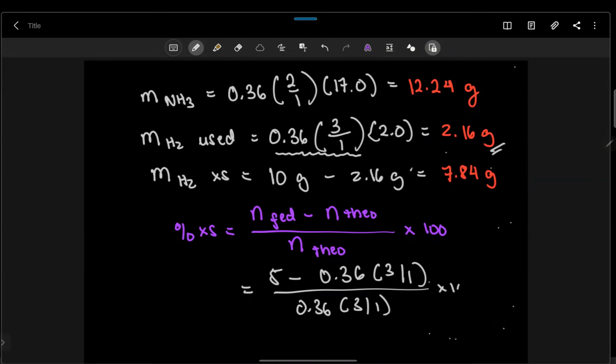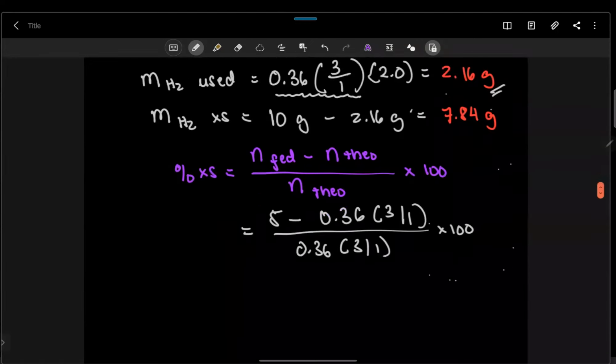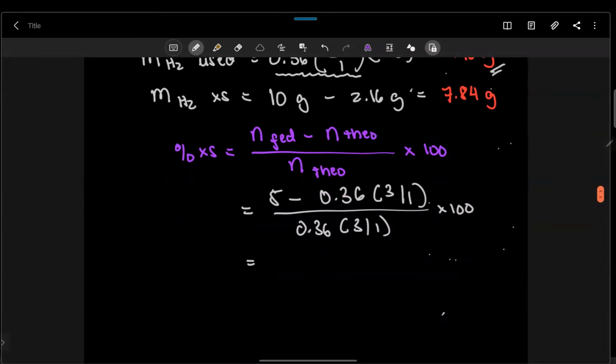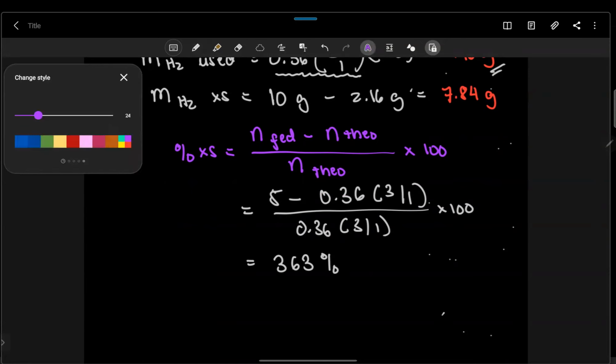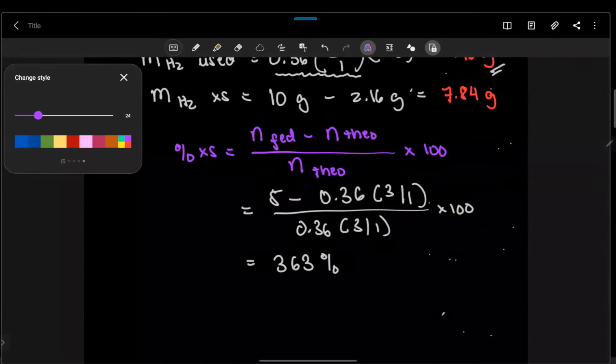And it will give you what percent? So I obtained here 363%. Okay, so ganyan kalaki yung excess ni hydrogen.